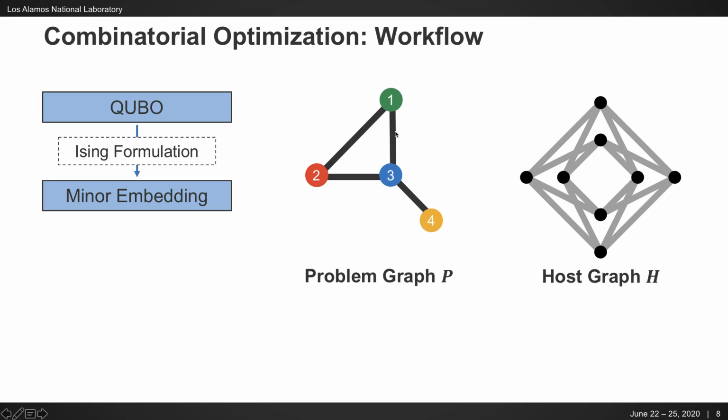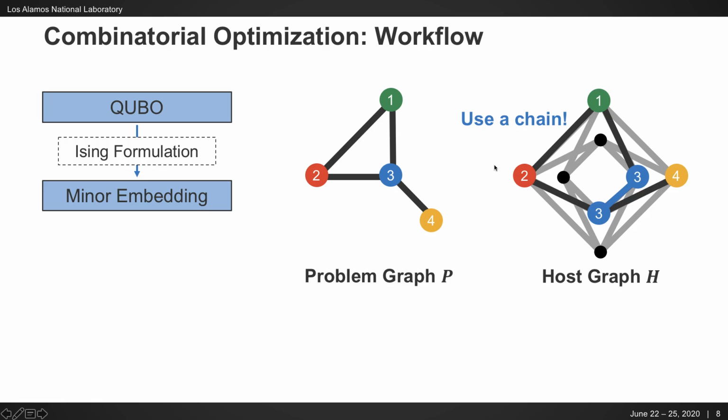But there is a challenge, because the problem graph here has a triangle but the host graph is bipartite and therefore has no triangles. So the idea is to represent a node or variable here by multiple qubits or nodes in the host graph. So this variable here gets mapped to a chain of qubits.